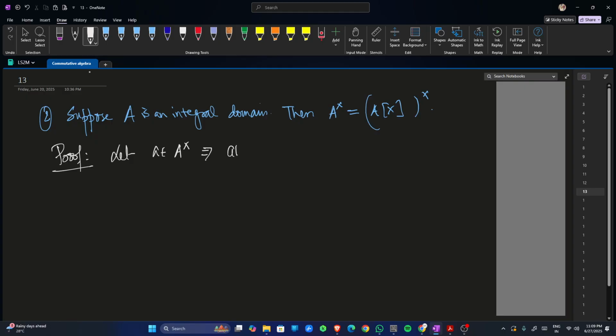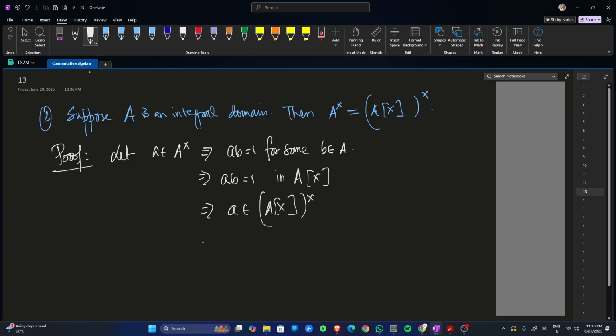This implies ab equal to 1 for some b belongs to A. This implies ab equal to 1 in A[x] also. Implies a belongs to A[x] cross.